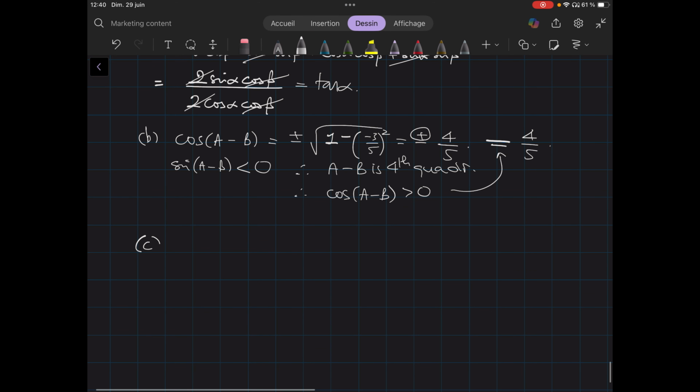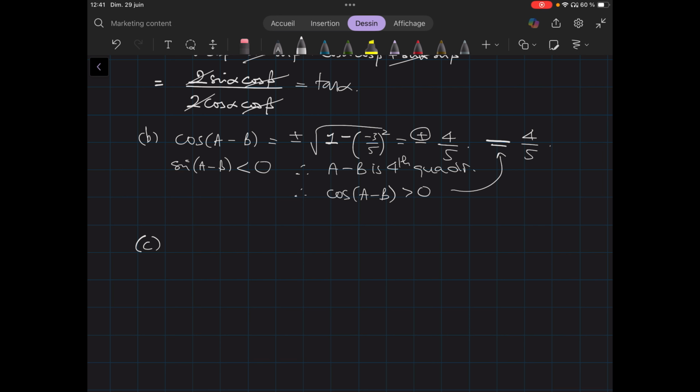Part C. We are now given that cos of A plus B is 7 over 25, and tan of A plus B is 24 over 7. What does it have to do with parts A and B?